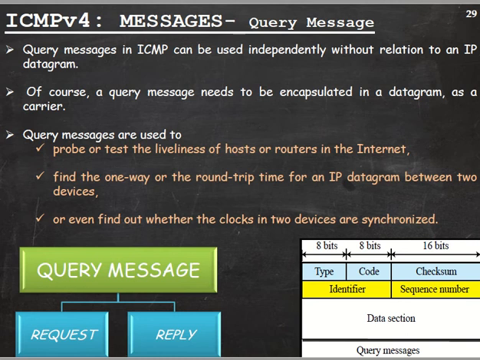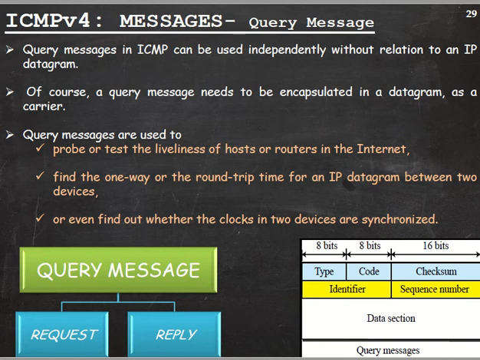Query messages are used to probe or test the liveliness of a host or a router in the internet. So we can check whether the router or the source or the destination in the internet is live or not.